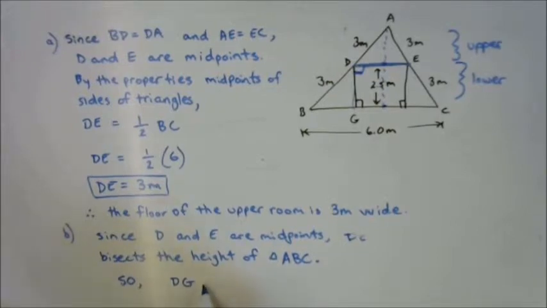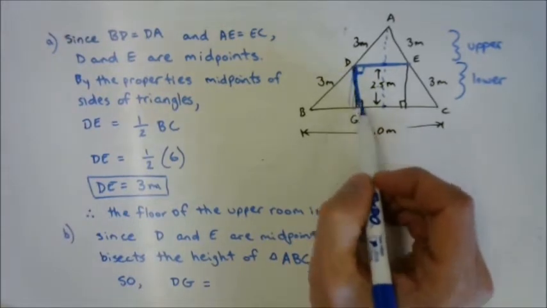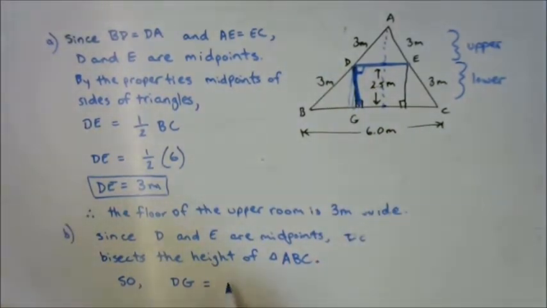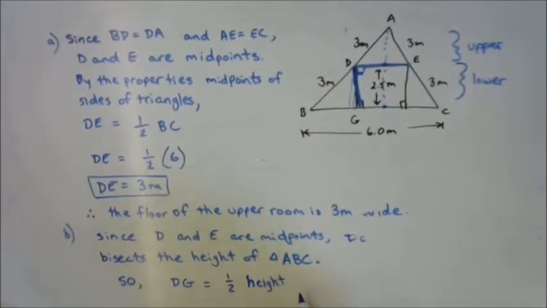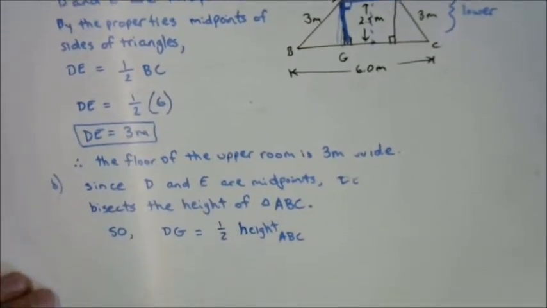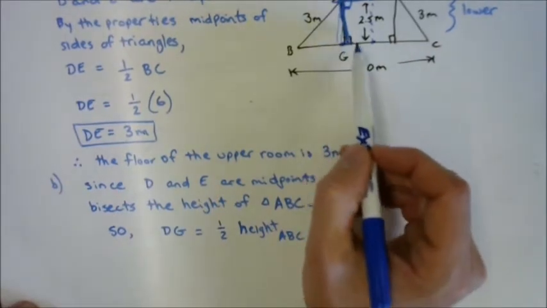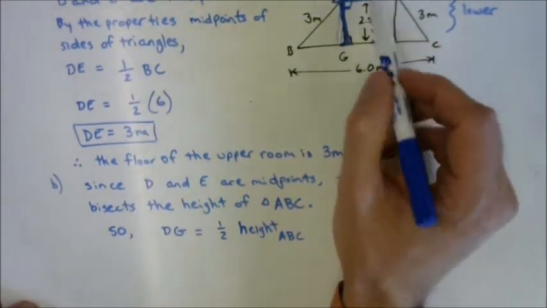So G is the 90-degree line. DG is this line segment right here. DG is half the height of ABC. Okay? That sentence makes sense to you guys? DG is half the height of the big triangle.